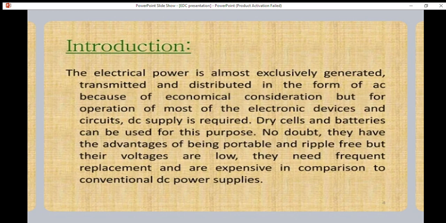Nowadays we are using dry cells, batteries for this purpose. No doubt they have advantages that they are portable and ripple free, but their voltage is very low. They need frequent replacement and are expensive in comparison to conventional DC power supply.